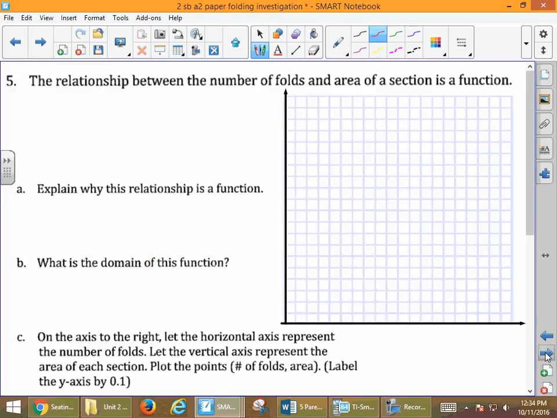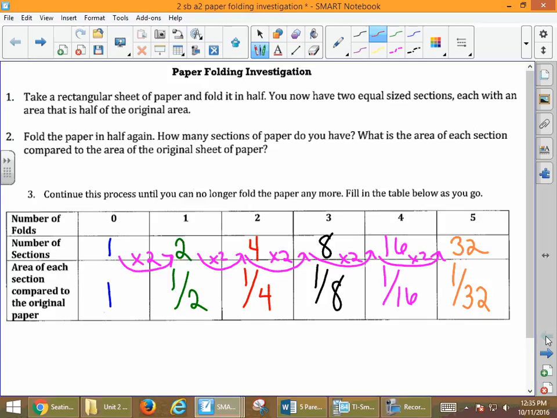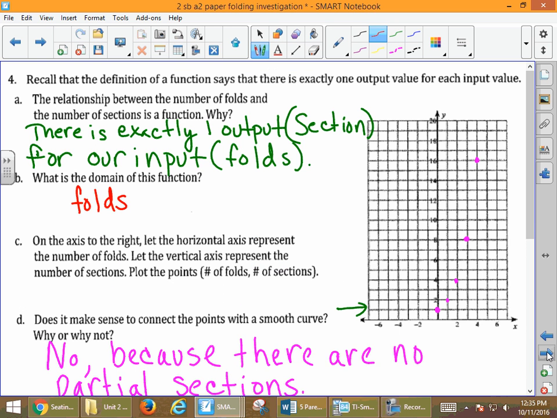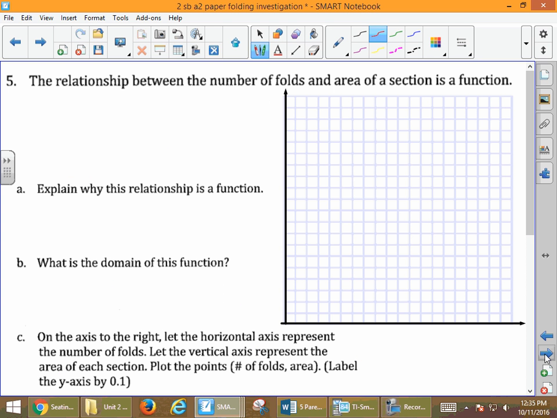So if we continue to look at our table, and I'm really sorry, I should have copied these on separate papers. Now what we're going to look at is the number of folds and the area. So it's easy for me to flip back here. So now we're going to look at the number of folds and the area back here in our table. And it says, explain why this is a function.